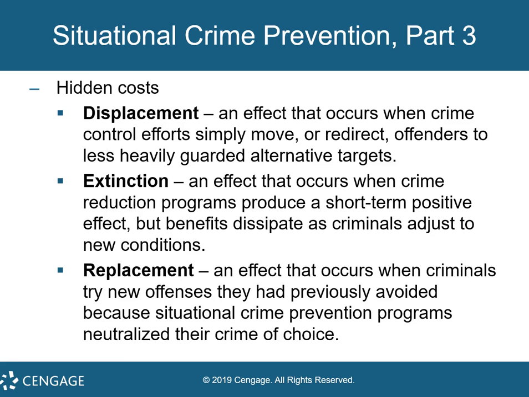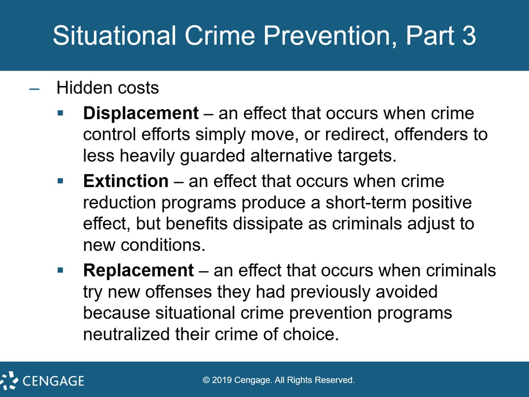Displacement, an effect that occurs when crime control efforts simply move or redirect offenders to a less heavily guarded alternative target. Extinction, an effect that occurs when crime reduction programs produce a short-term positive effect, but the benefits dissipate as criminals adjust to the new conditions.